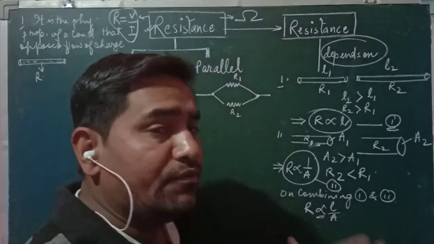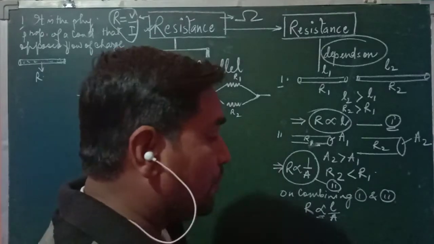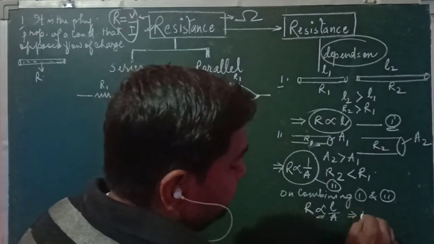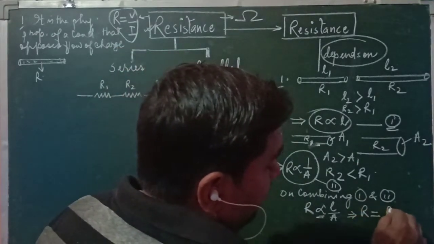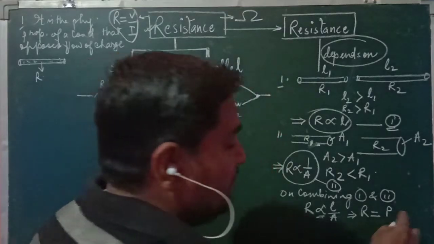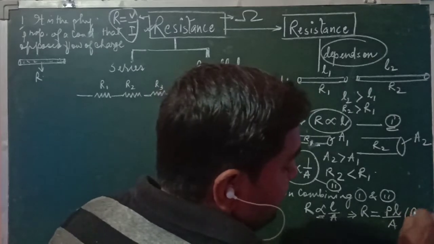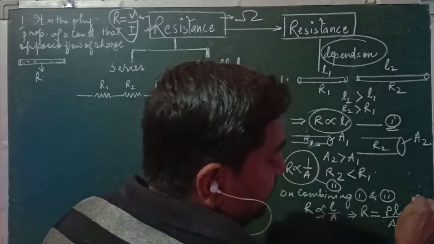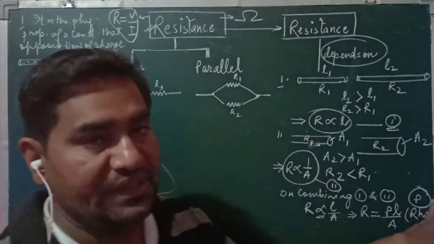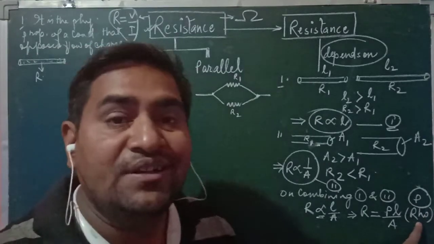So to remove it, we must have to give a constant of proportionality. So let R equal rho L by A, where this is rho, simply written as rho.